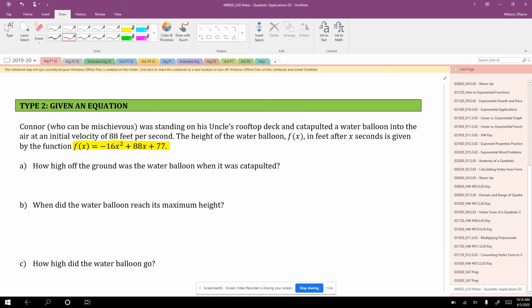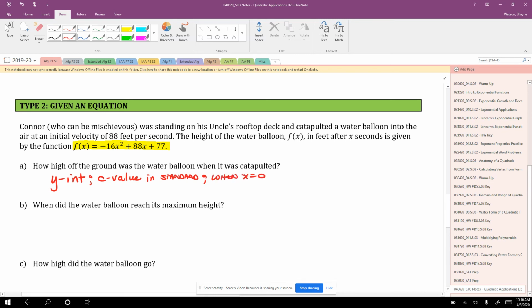So it says how high off the ground was the water balloon when it was catapulted? So how high off the ground? This is asking us for a y-intercept, which if you don't remember, this is the c value in standard form. This is also when x equals 0.